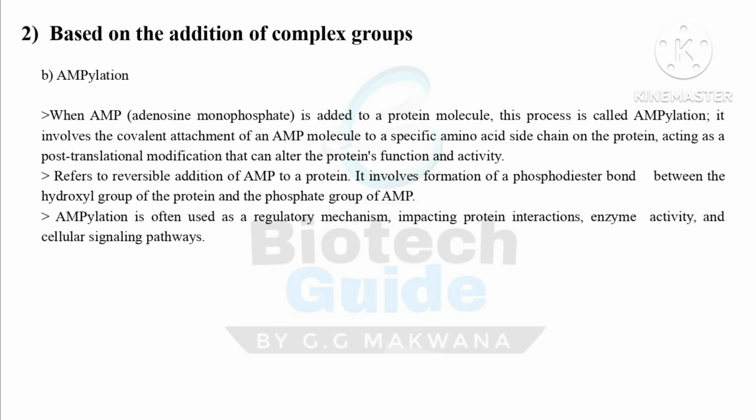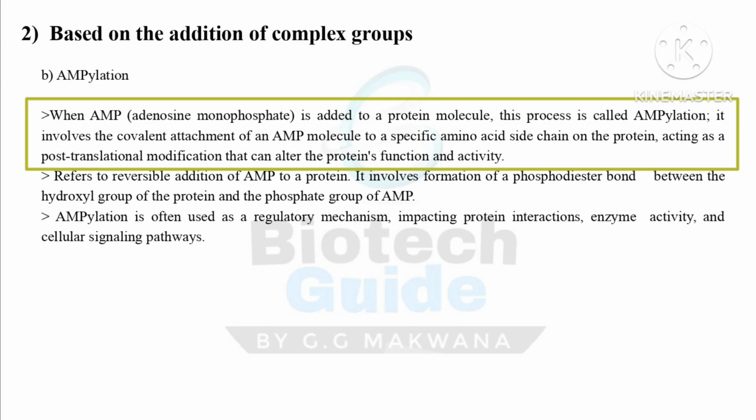Second, adenylylation, in addition of a complex group. Which mechanism is there? Addition of an AMP, adenosine monophosphate molecule, to the protein, and this process is defined as adenylylation. It involves the covalent attachment of an AMP molecule to a specific amino acid side chain of the protein, acting as a post-translational modification that can alter the protein function and activity.